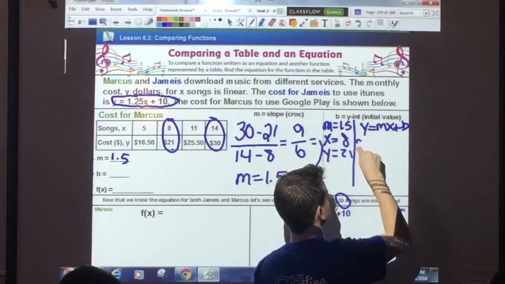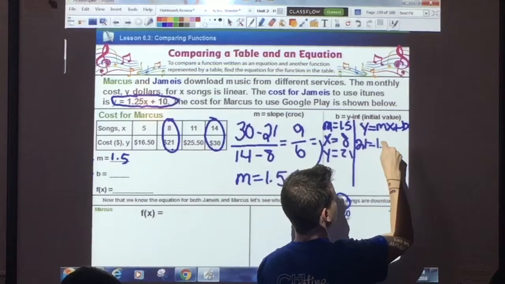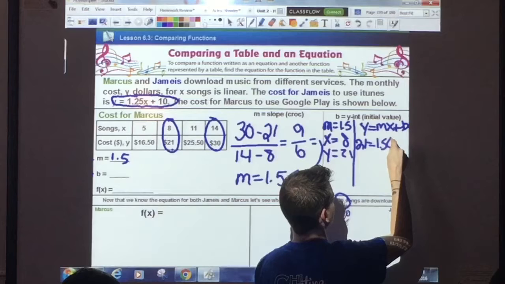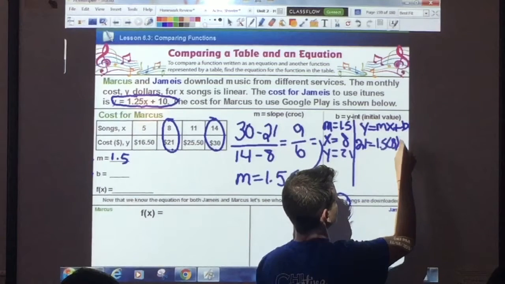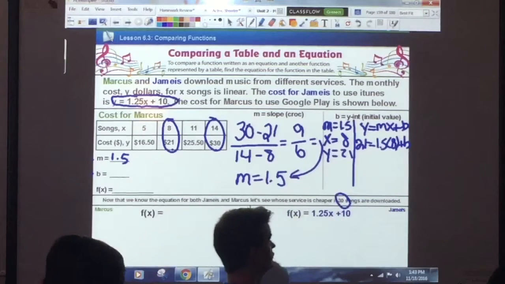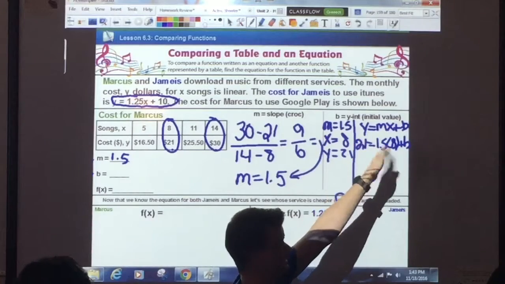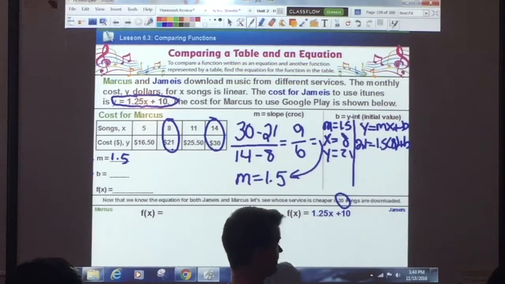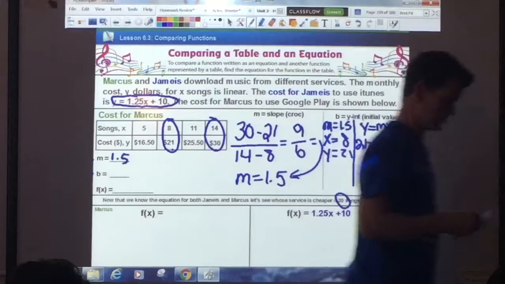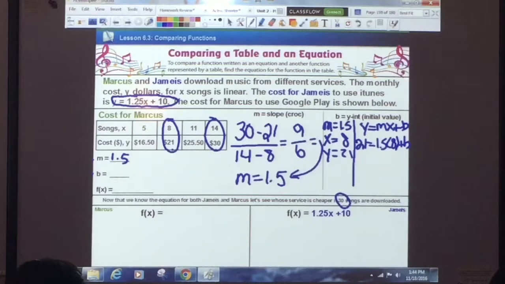So 21 is equal to 1.5 times my x value, which is 8, plus b. So I substituted in the y, the m, the x. Now I perform the multiplication. What am I multiplying, Sebastian? 1.5 times 8. What is 1.5 times 8?